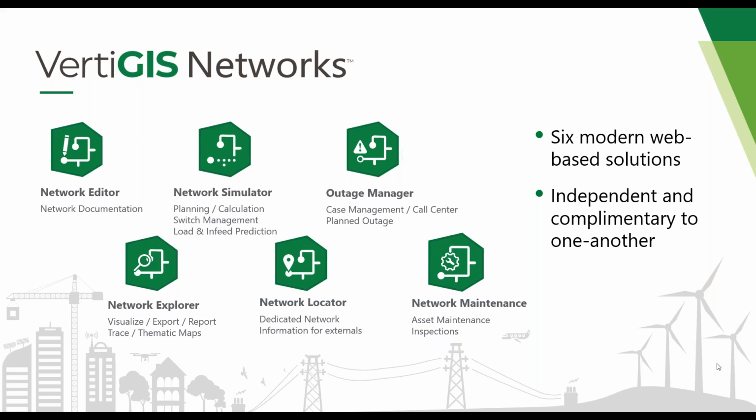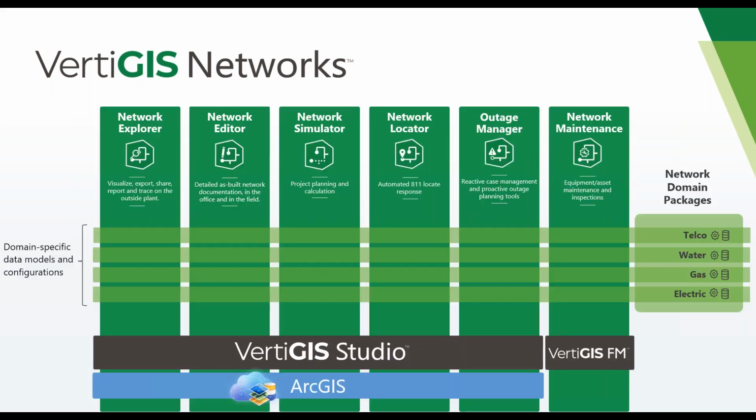These products are engineered around those use cases for editing, exploring, planning and simulating, locating your network, dealing with outages, and of course, performing maintenance. There are those solutions, again, 6 of them, and slicing across those solutions, so if you think of the solutions as the clients or applications that you're using, horizontally sliced across them on this diagram you see the domain packages, and these specialize those solutions for the specific type of network that you're operating.